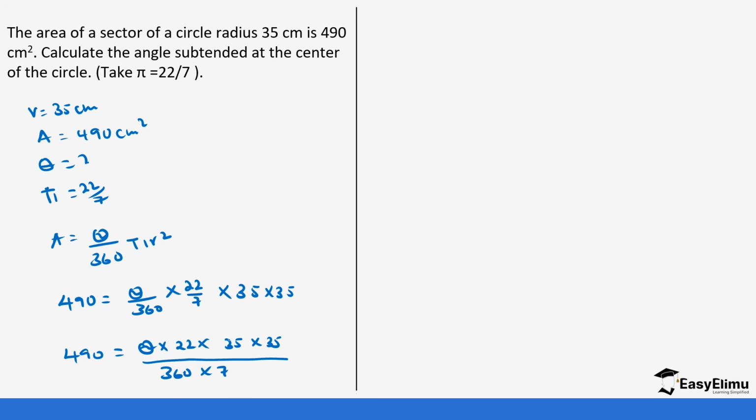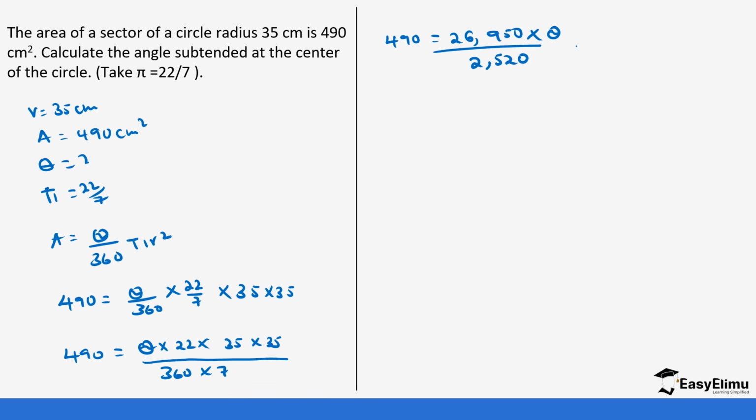So 22 times 35 times 35 gives us 26,950. So 490 is equal to 26,950 times the angle, divided by 2,520 as we have done before.